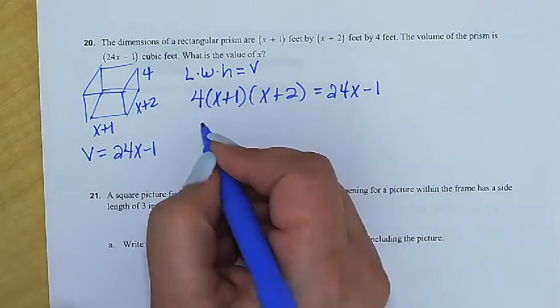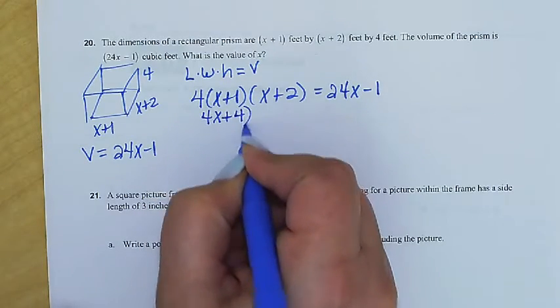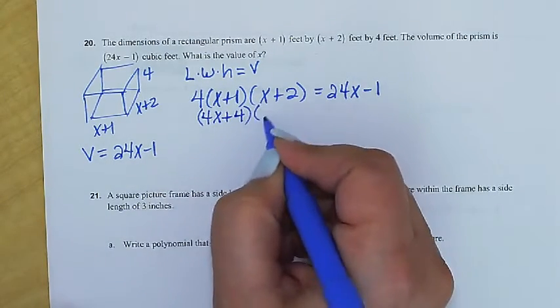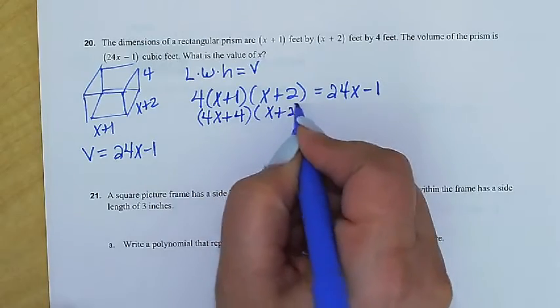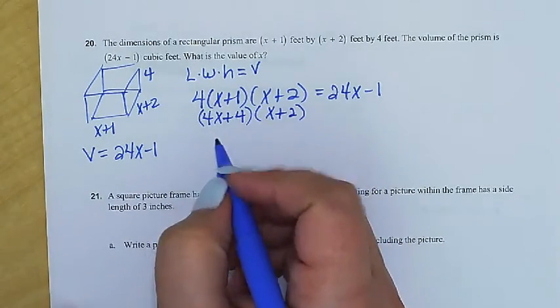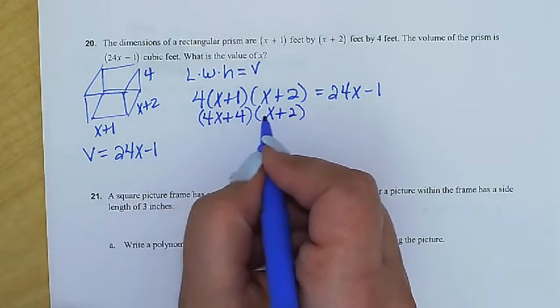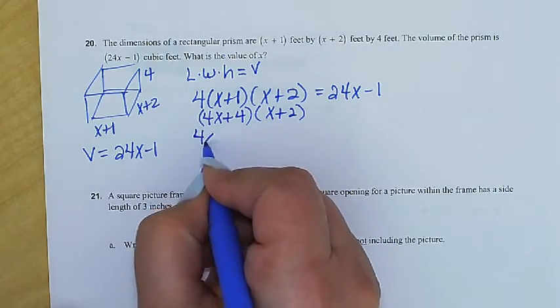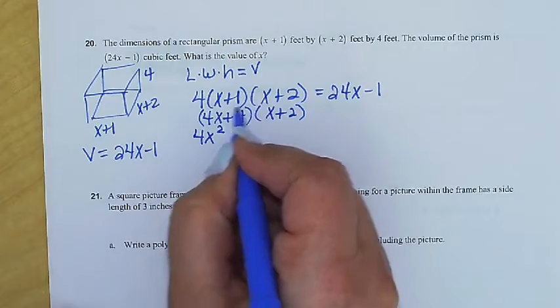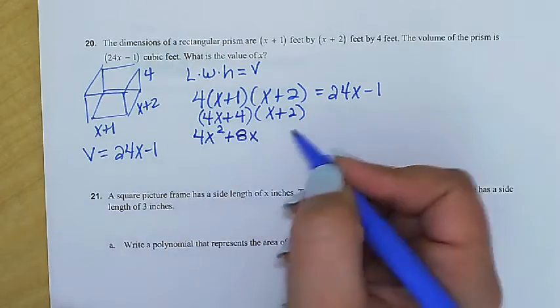So maybe I'll start by distributing our 4 into this first one. And then once I have it like that, I will multiply these two together, using distributive, FOIL, box method, whatever you like. So 4x times x, 4x to the second, 4x times 2 is 8x.